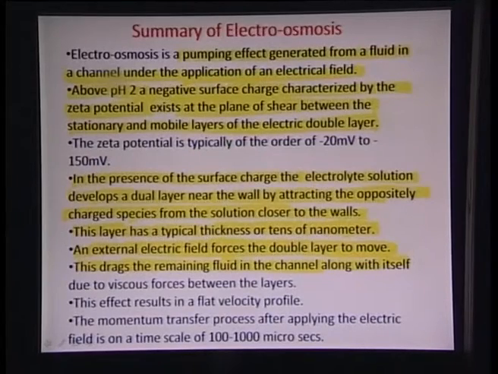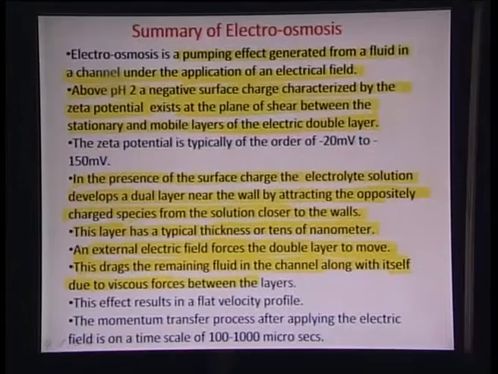So, they have a uniform velocity while it flows, and this drags the remaining fluid in the channel, because charge motion in a very small channel would essentially mean a lot of drag forces generated across the ions, and these are also due to the viscous forces which exist between the charged particle and the fluid. Therefore, due to these viscous forces the layers start moving the whole liquid which it is immersed in or suspended in.